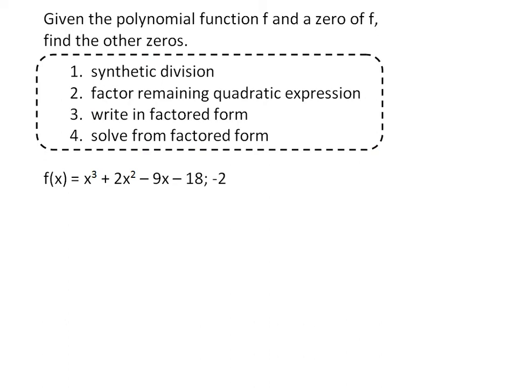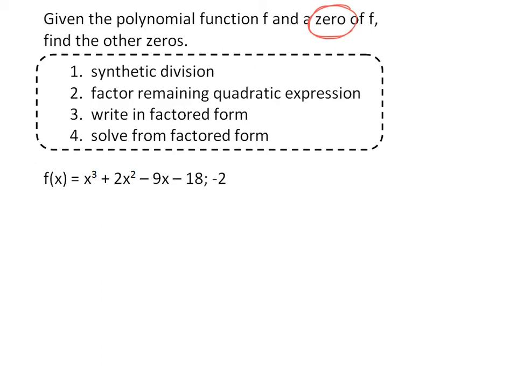Okay, so we need to talk about a little bit of vocab before we continue, and that is this word right here. It says, given the polynomial function f and a 0 of f, find the other zeros. So this word 0 is not what you think of when you think of the number 0.